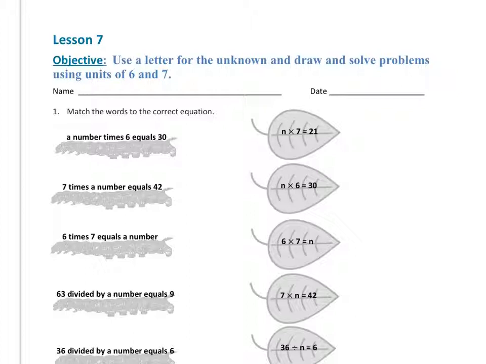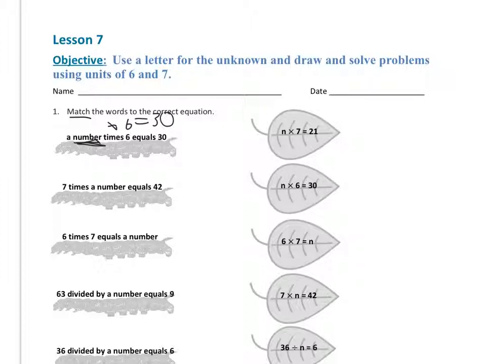First part is a matching part. It says match the words to the correct equation. So a number, and we don't know which number. Since we don't know which number, that's known as the unknown. A number times 6 equals 30.